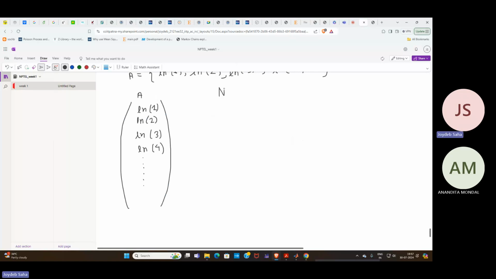This is the set of natural numbers, capital N: 1, 2, 3, 4, and so on.